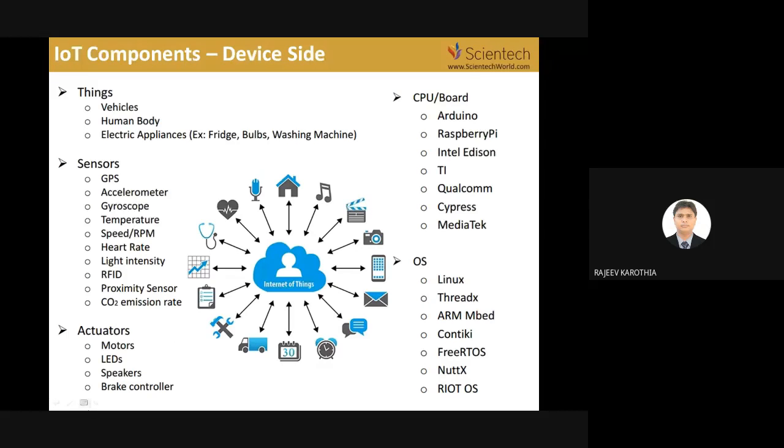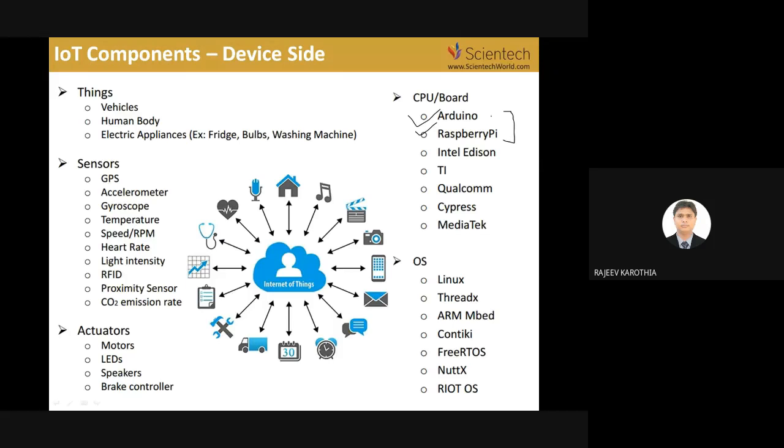Now all these three will connect with your CPU board. There are some popular CPU boards, like Arduino, which is very popular, and Raspberry Pi. These two are very popular nowadays in the education field because they have very good support in terms of libraries, interfacing, and applications.